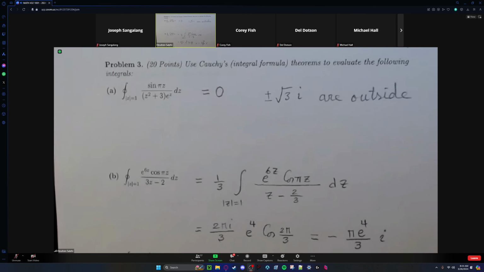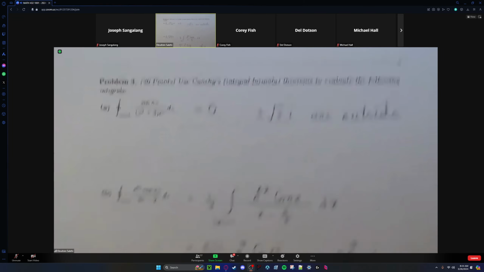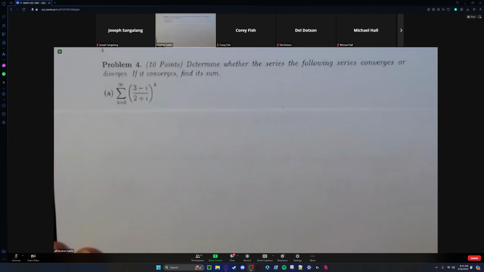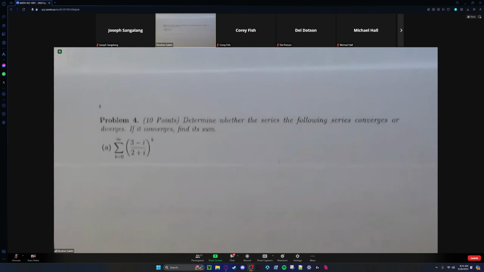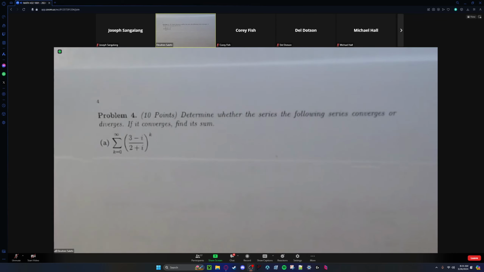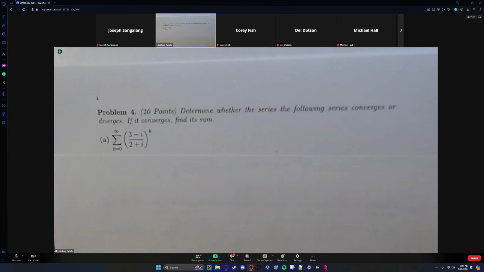Okay, number 4. Oh, look at this. By just looking at that series, you should recognize that it is a geometric series. Remember geometric series?